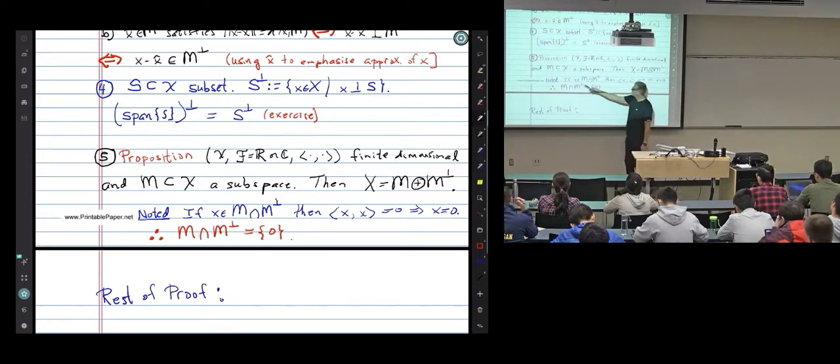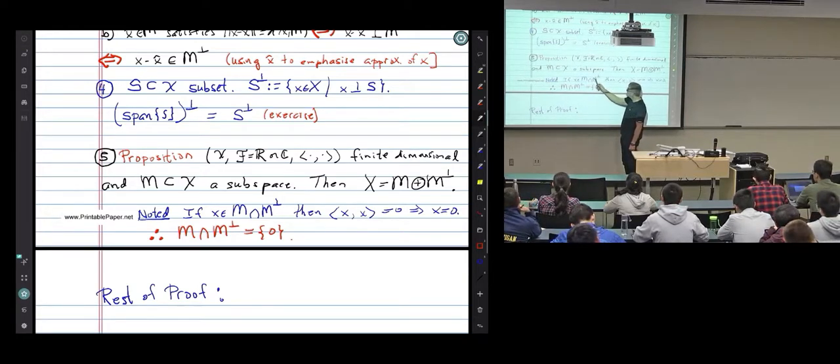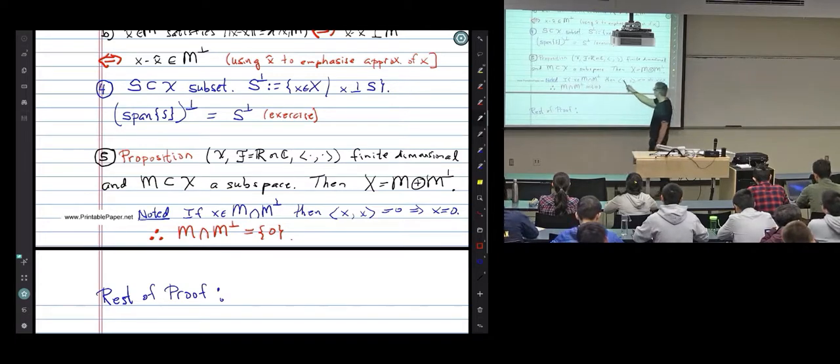And we noted that was true because if x is in M and it's also in M perp, that means x is orthogonal to itself. So that means this inner product is zero, and the only vector that satisfies that is the zero vector by definition of something being an inner product.